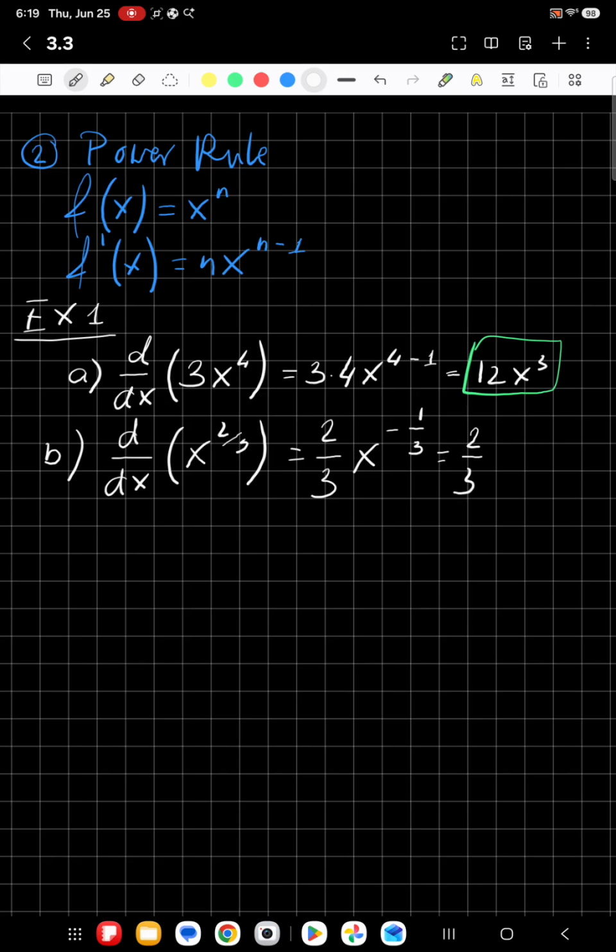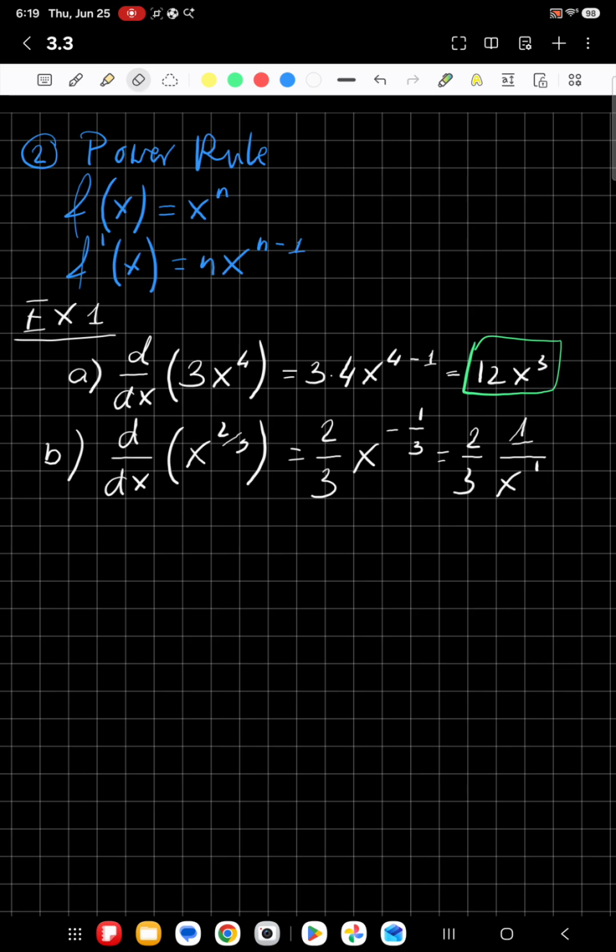And then x. And you guys, I hope you remember from pre-calculus that a negative in the exponent makes this whole expression go into the denominator. So I'm going to write 1 on the top, and now this whole x to the 1/3 is in the denominator. So this 1/3 is an exponent.